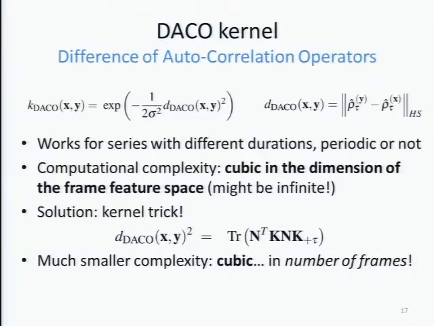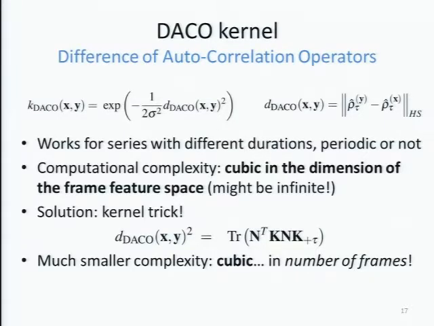So now that we model the dynamics of a time series with this autocorrelation operator, we can compare two time series by comparing their respective autocorrelations. Here we can use a standard Gaussian RBF kernel with the Hilbert-Schmidt distance for the difference of autocorrelation operators. This is the natural distance, basically, in the space where these operators live. It's the Hilbert-Schmidt norm. Just think of it as an extension of the Frobenius norm. Okay?